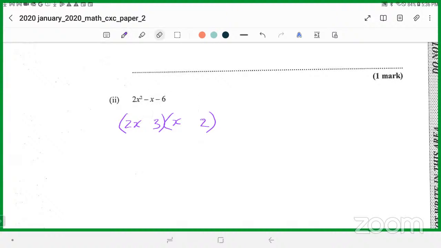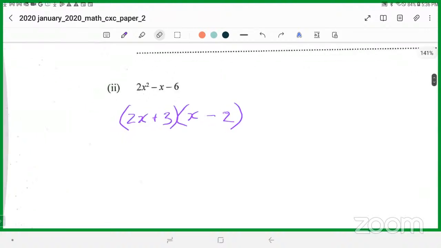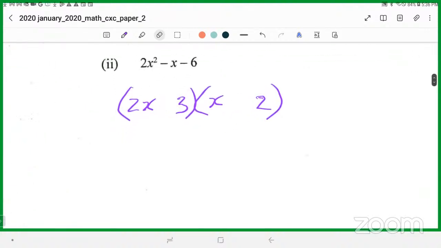So if I try the minus here and the plus here, for example, this would be 3x and this would be minus 4x. 3x minus 4x is actually negative x, which is the middle term. So it means that they are positioned the right way, and those are the two factors. If I put the negative the other way around, the positive here and the negative here, then this would be minus 3x and this would be positive 4x.